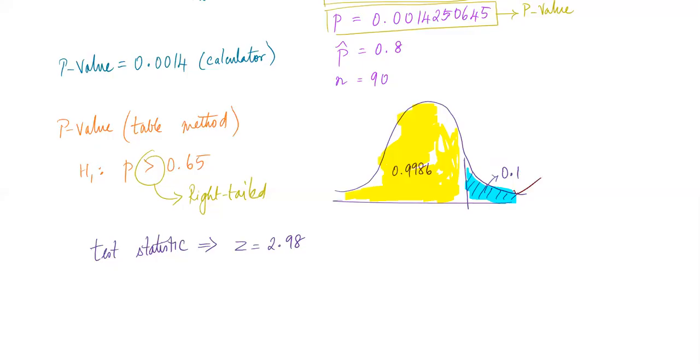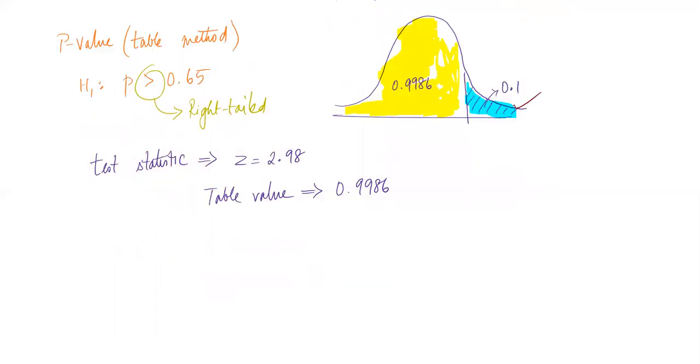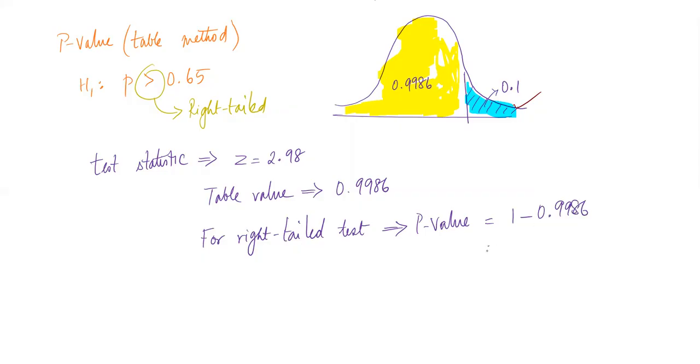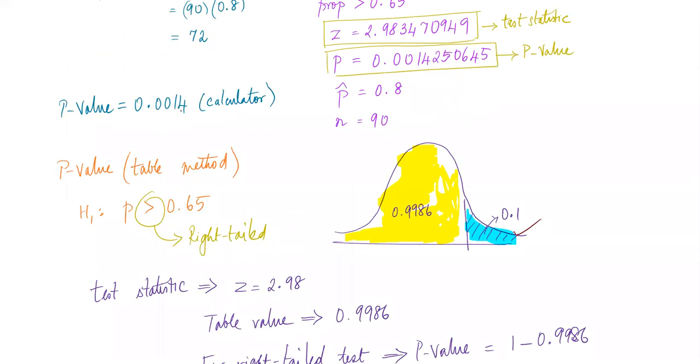Therefore, the table value is 0.9986 for a right-tailed test. It implies your p-value must be obtained by doing 1 minus this 0.9986. If you use the calculator for 1 minus 0.9986, you get 0.0014. That's what we got here as the p-value from the calculator.